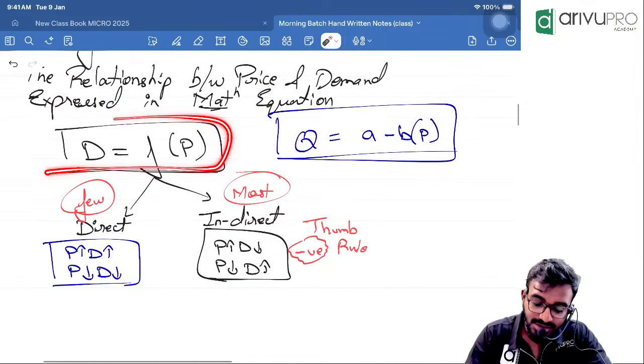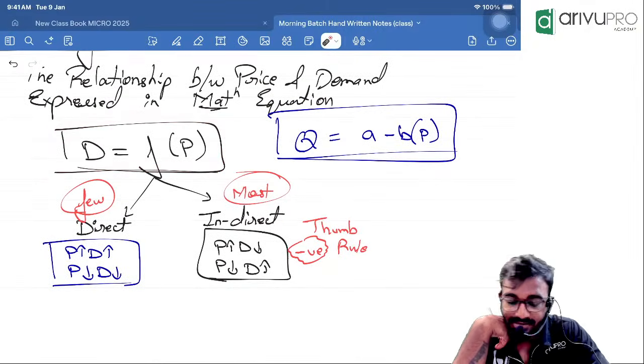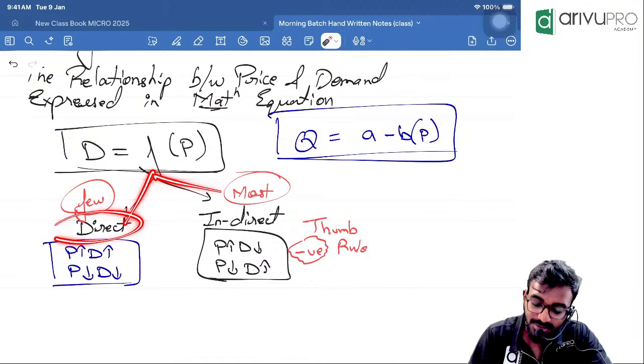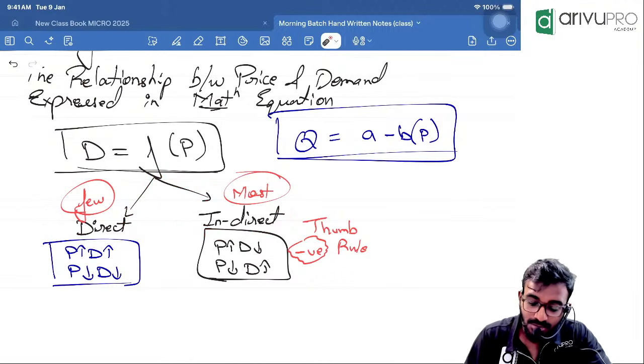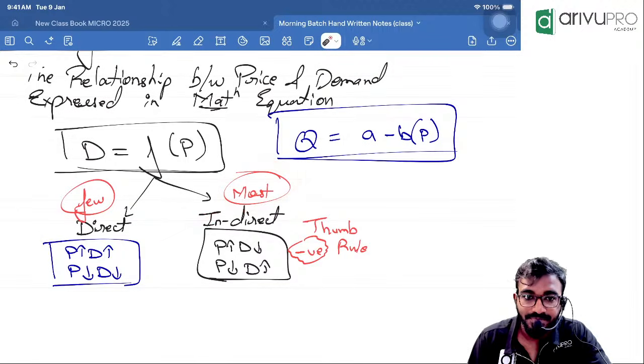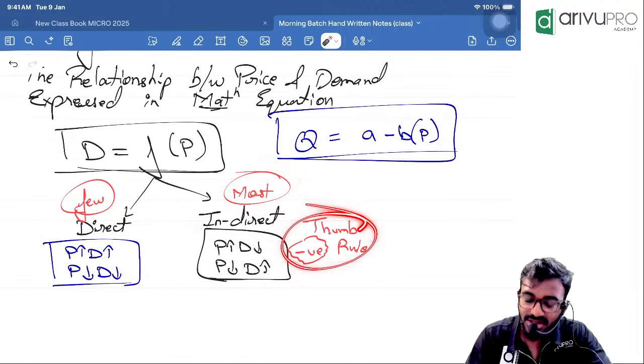So what is the equation? D is a function of price, and that functional relationship is of two types: direct and, in most circumstances, indirect relationship. That is what the main thumb rule is all about.